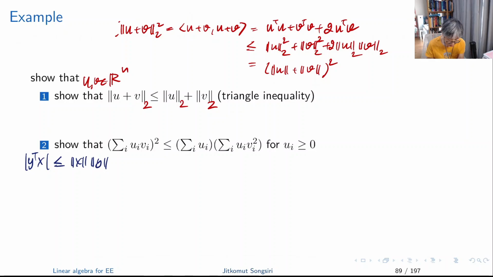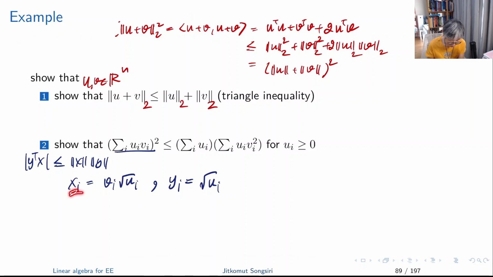Applying it probably is not straightforward, because you have the sum of the product and then squared. So maybe you decompose x_i to be v_i times root u_i, and then you split y_i to be the square root of u_i.